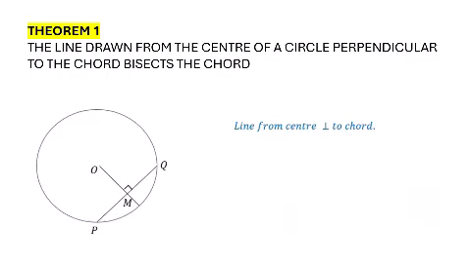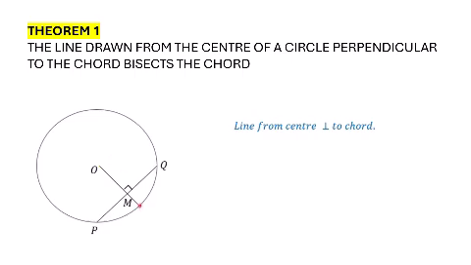Okay, now let's start. So theorem 1. The first theorem says that the line drawn from the center of a circle perpendicular to the chord will bisect the chord. So this means if you go to the sketch, O is the center of the circle, and then line OM is perpendicular, and this is bisecting the chord PQ. So now it bisects the chord.